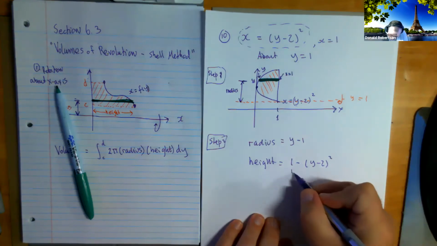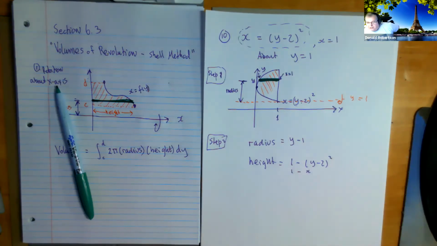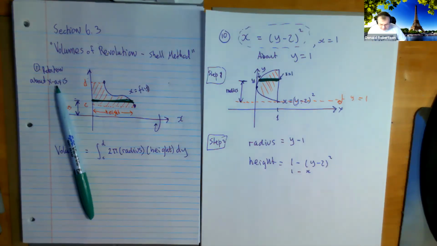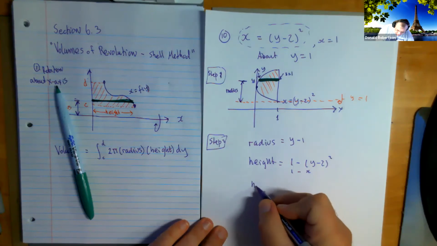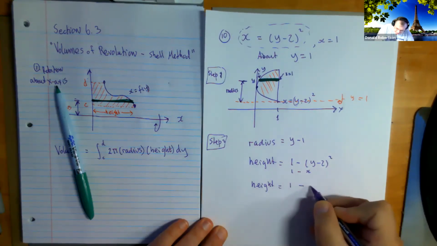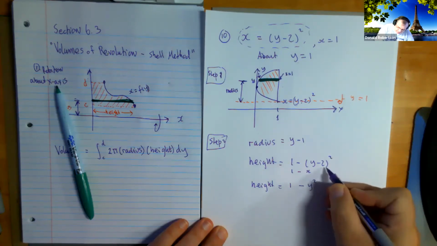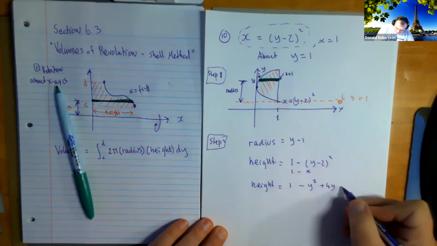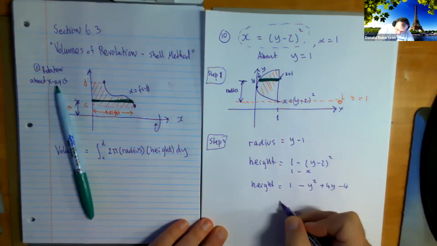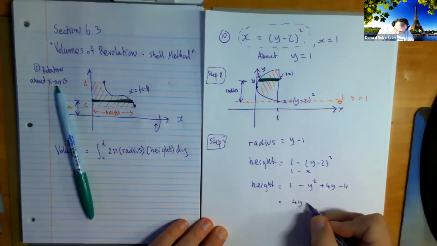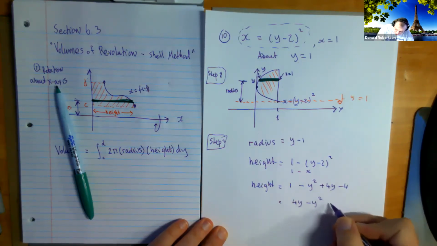It's essentially 1 take away x, but replacing the x with an expression in terms of y. So that makes the height 1 take away y squared take away 4y, which means you add y squared, take away 4y. So I end up with, I don't know, 4y take away y squared take away 3.